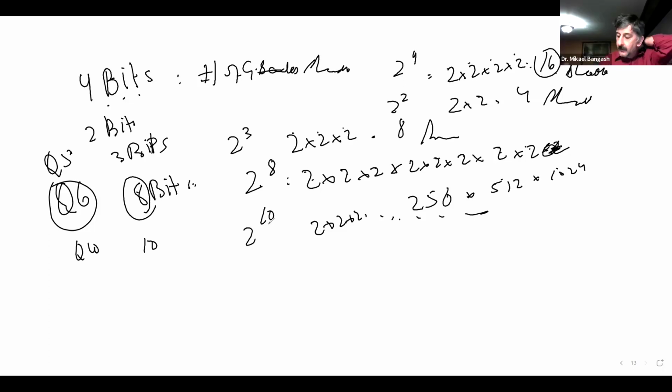Question number 8. Now, what is the number of shades that can be represented by n bits? And what was n bits?